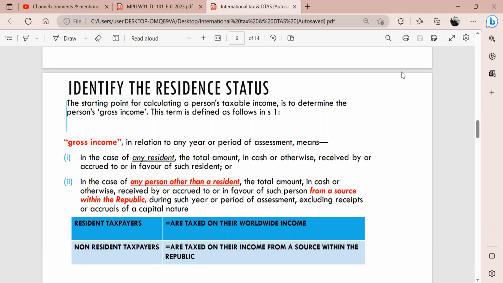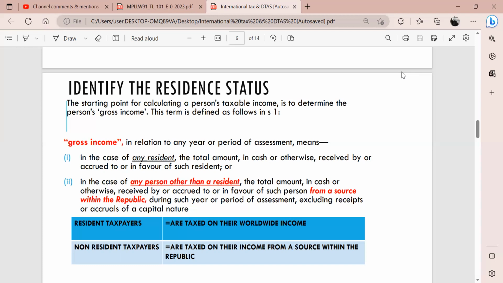Or, in the case of any other person than a resident, the total amount in cash or otherwise received by or accrued to or in favor of such person from a source within the Republic during such year or period of assessment, excluding receipts or accruals of a capital nature.